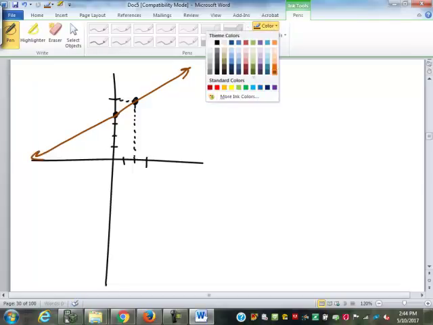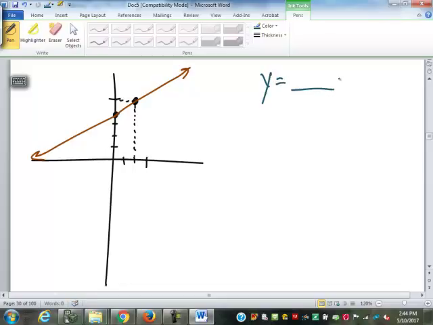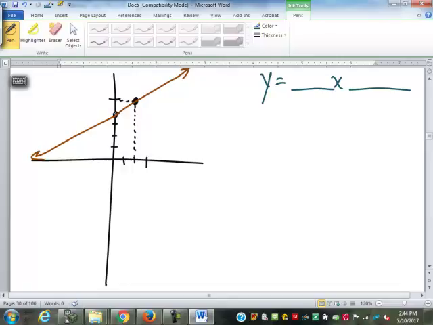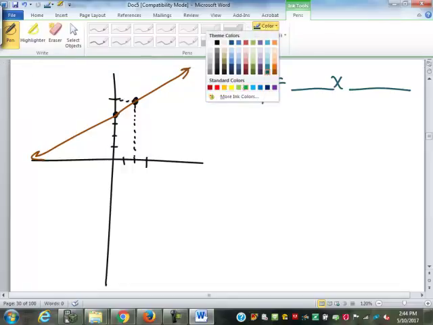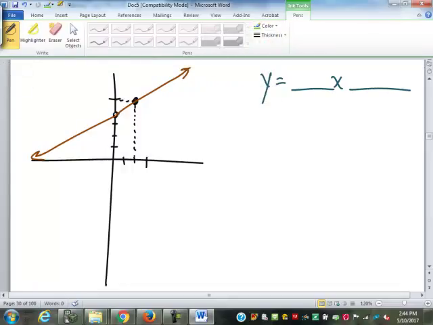So looking at this again, we have that form, y equals the slope times x plus or minus the y-intercept. What's our y-intercept going to be here? Positive 4. Good. Perfect. So plus 4 goes there.